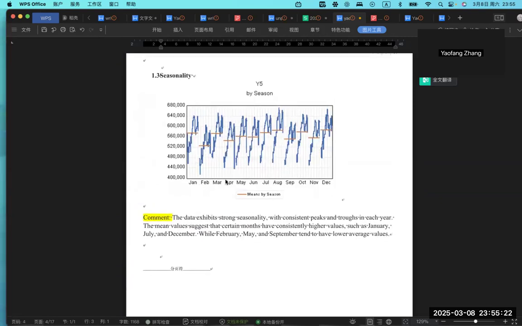The data shows strong seasonality with constant peaks and troughs in each year. The mean values suggest certain months have higher values, such as January, July, and August, while February, April, and September seem to have lower values.